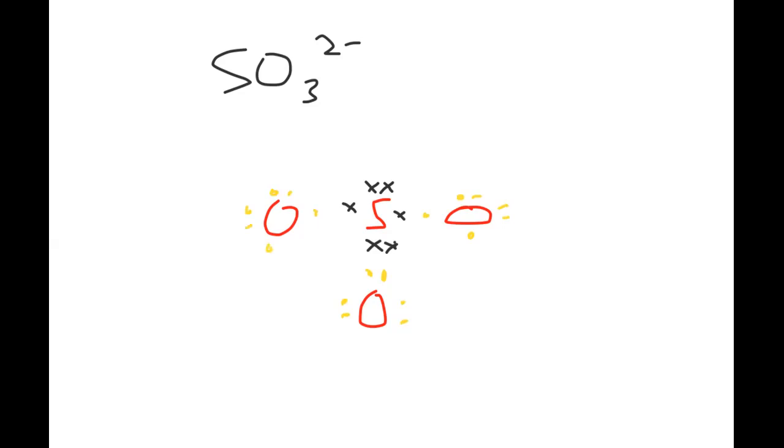Over here, each oxygen has 6 electrons in the outermost shell. However, because the charge is 2-, there will be 1 extra electron in each oxygen. So this will be the shape.